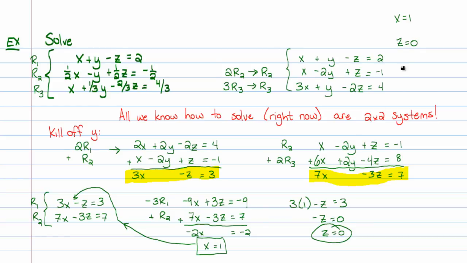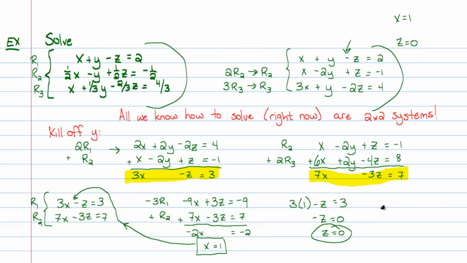So now I know what x is, I know what z is, so now it's my time to find out what y is, and to do that I can actually go and find out what y is by plugging x and z into any of the original equations, either any of these three right here or any of these three right here, but whatever you choose, choose an equation that's easy. This top one right here looks like the easiest equation ever. So I'm just going to plug it into that equation.